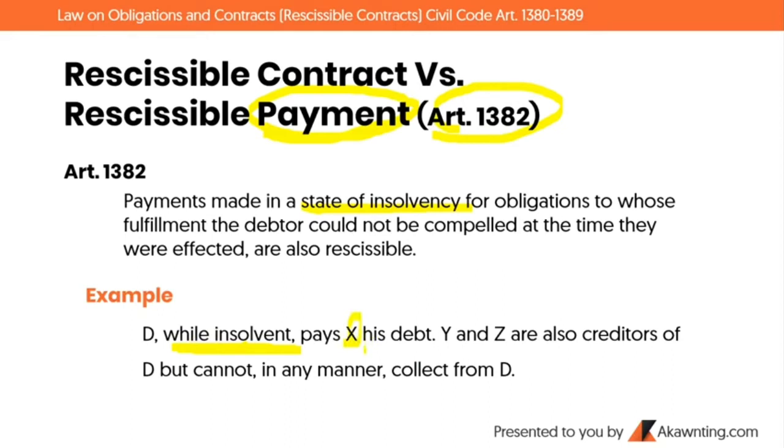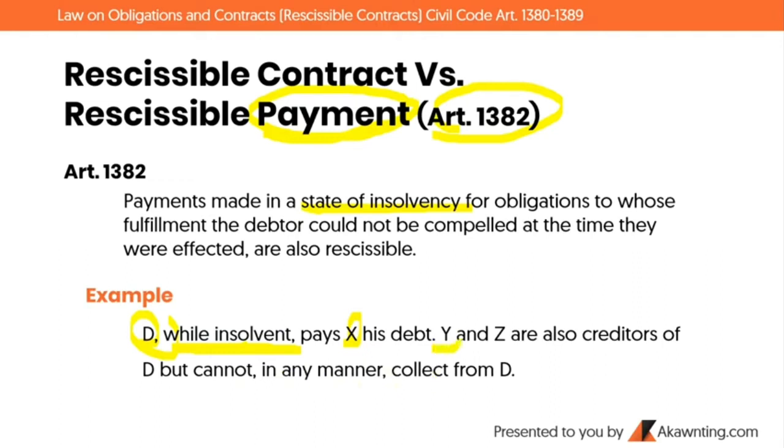Ang nangyari dito is, insolvent si D, pero binayaran niya yung iisang creditor lang. So, yung mga other creditor, mas lalong hindi sila makakasingil. Kasi insolvent na nga, tapos yung mga natitirang pagmamayari niya, ibinayad niya sa isang creditor who is not, let's say, preferred. So, may karapatan yung iba na magtanong, bakit ganyan? Pupunta sila sa korte, ipapa-rescind yung contract na yun. So, pwede. Y and Z are also creditors of D but cannot in any manner collect from D.